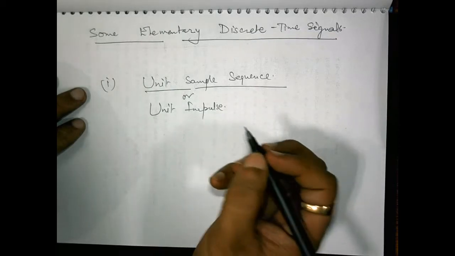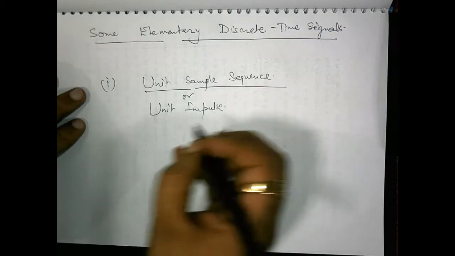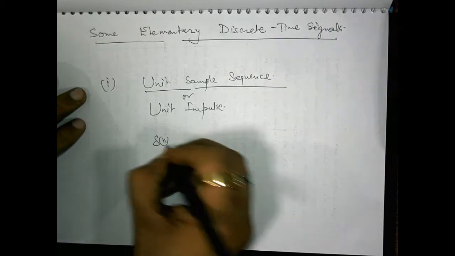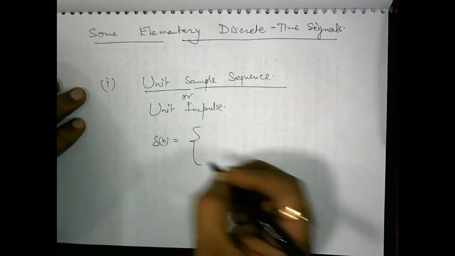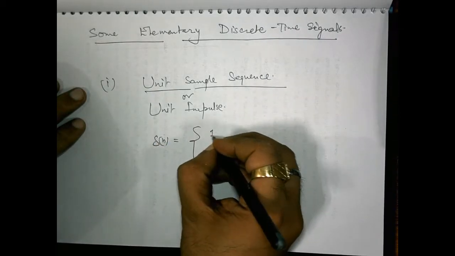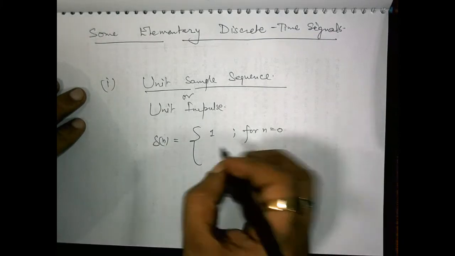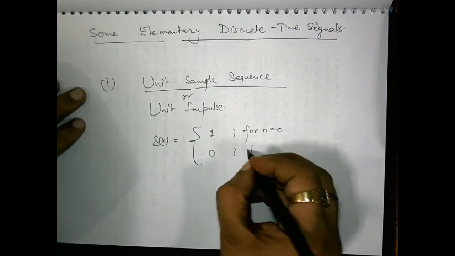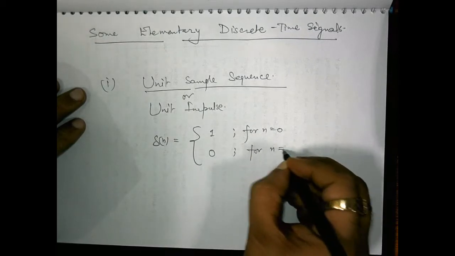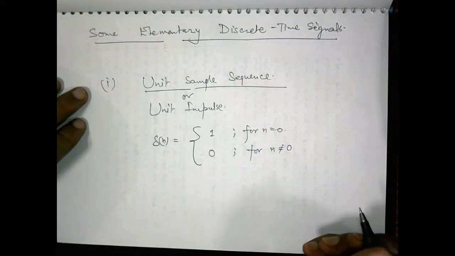This signal is represented in functional form as delta n equal to 1 for n equals 0, and it is 0 for n not equal to 0, or any other n except n equal to 0.